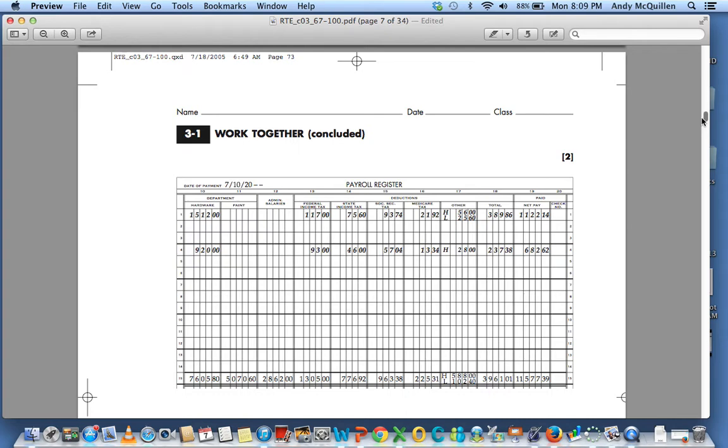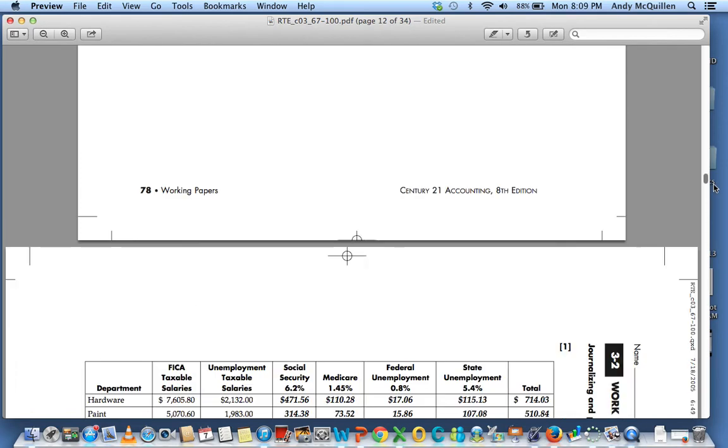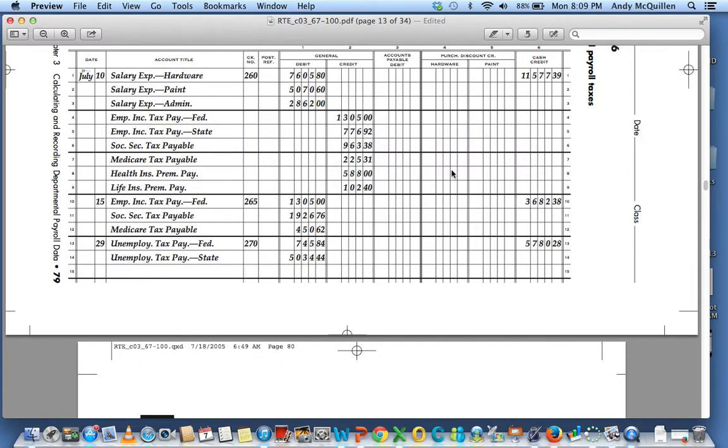And health insurance and your life insurance are given to you right there. So you're going to have to flip back and forth a little bit to get that information. And our total goes over here in the cash credit.